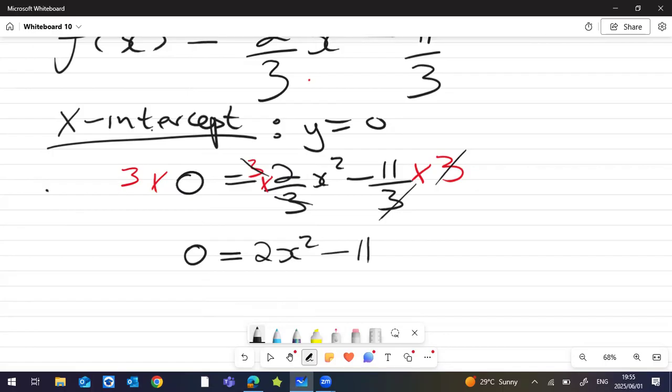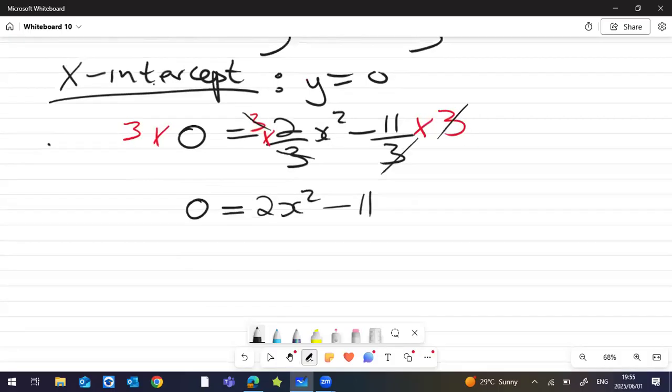Therefore, 0 equals 2x squared minus 11. Then if we take this to this side, minus 2x squared equals minus 11.